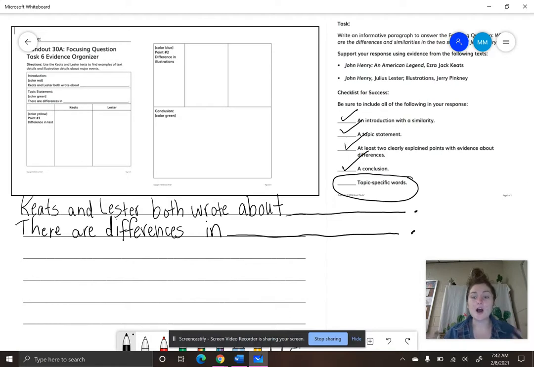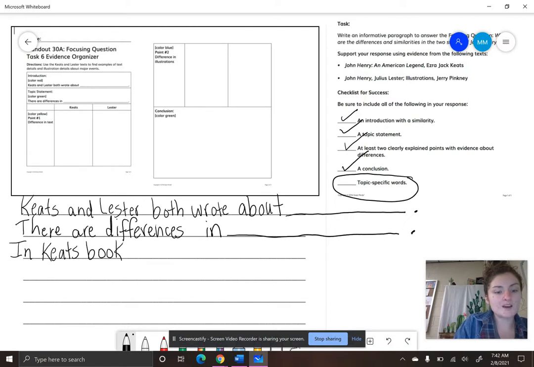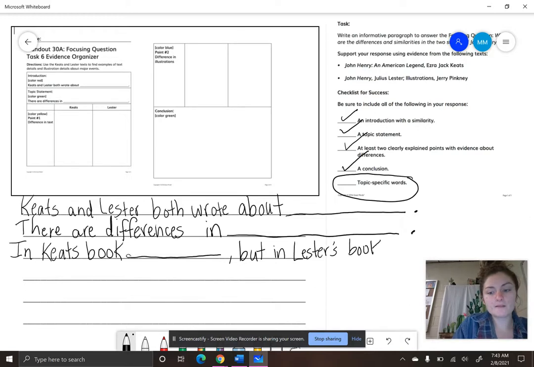Now we're going to go on to our two points. So you're going to tell me in Keats' version, in Keats' book, blank. But there's that conjunction. But in Lester's version, blank.